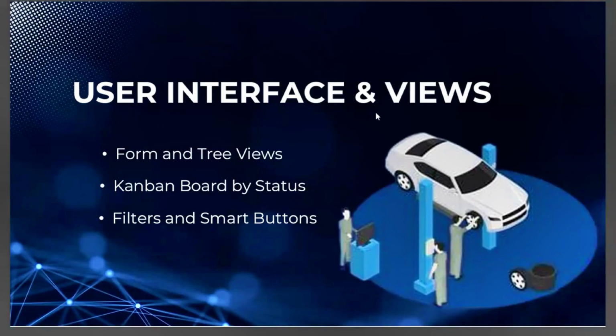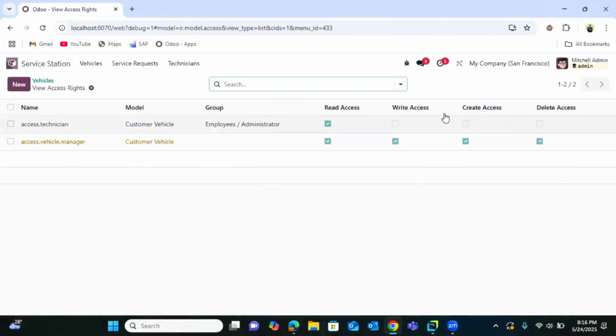Okay, as the next topic, we have user interface and views. We use different user interface and views in our projects, such as forms, tree views, and Kanban board by status and filters, and also the smart buttons. Then I'll show how we use those things in our Odoo platform.